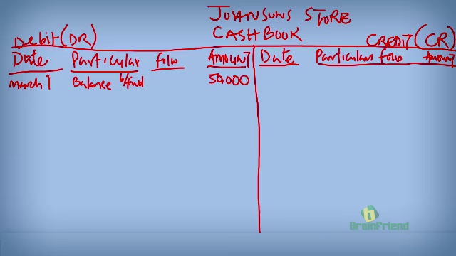You may be wondering why I did nothing about folio. This column for folio records the reference number of a transaction that has taken place. But as we see, in March 1, it wasn't a transaction, but we brought the cash balance that is in the office.